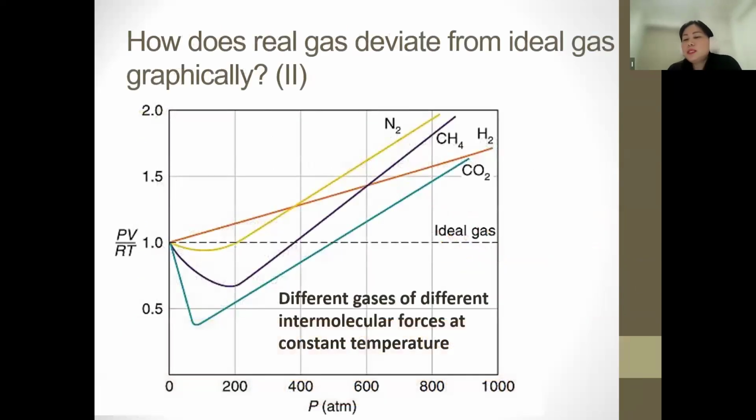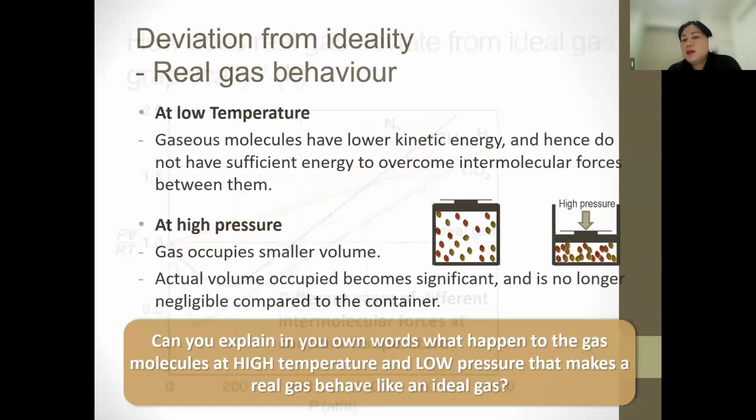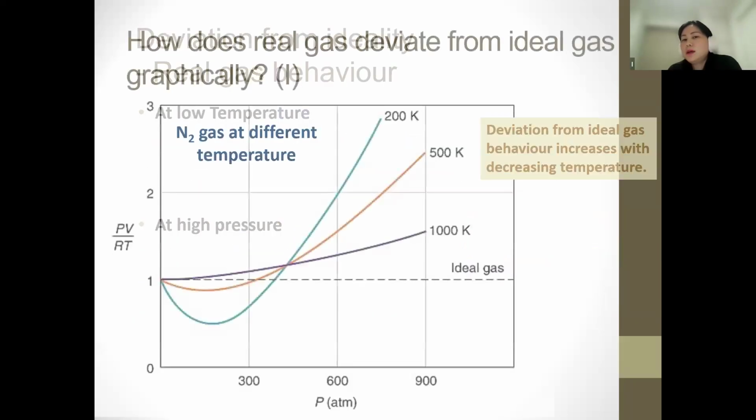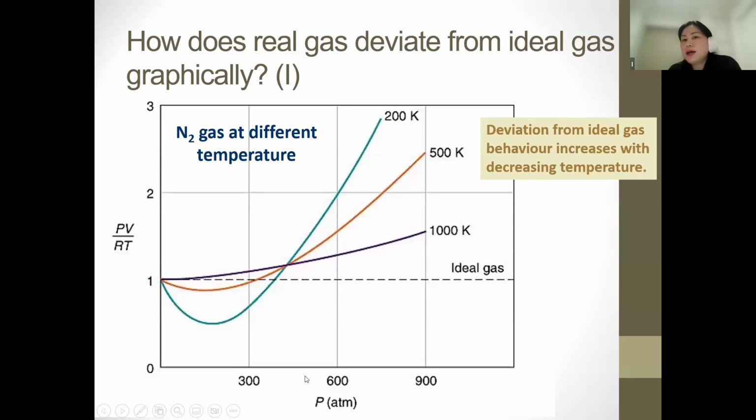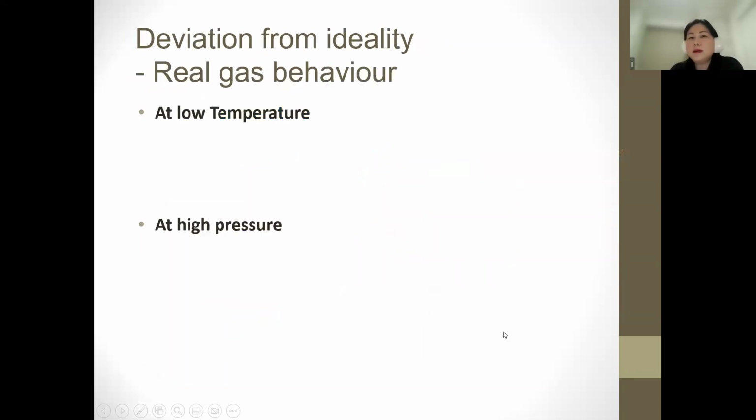Okay, so previously we saw the effect of temperature and pressure, and the graphs are for the same gas. That means the purple line is the same gas as the red orange line and the blue line. What is changing in this picture was the temperature and the pressure, right? So we've seen that trend here.